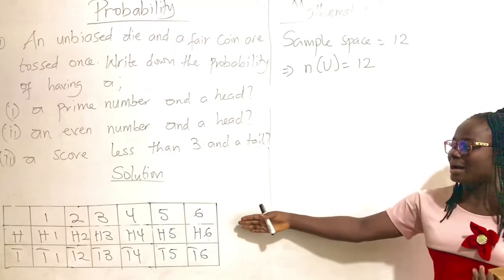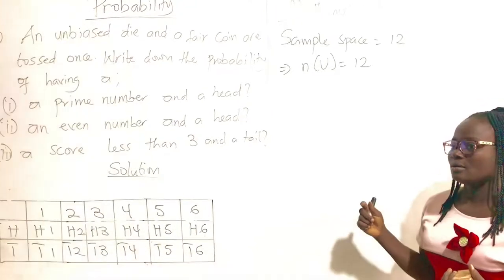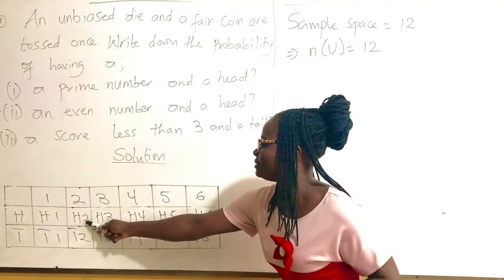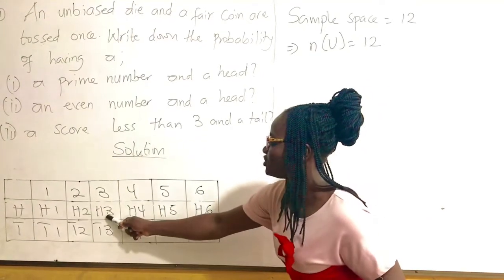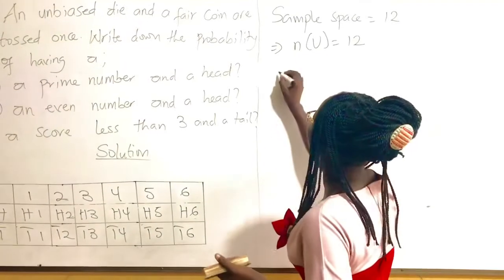So we go back to our table. A prime number and a head. What is the event? 1, 2, and 3. So we have H2, H3, H5.